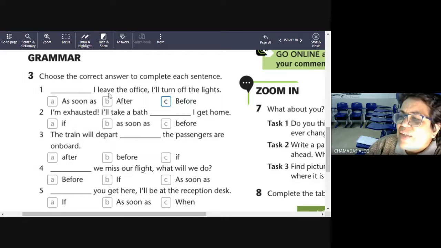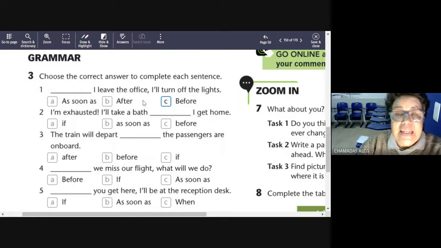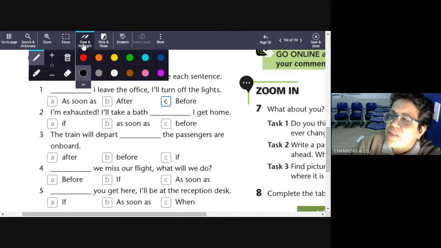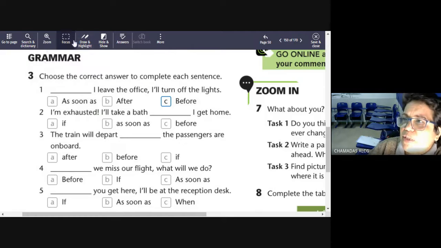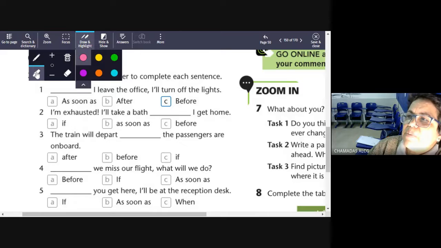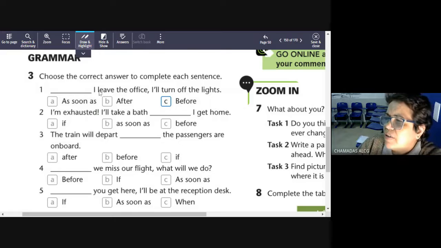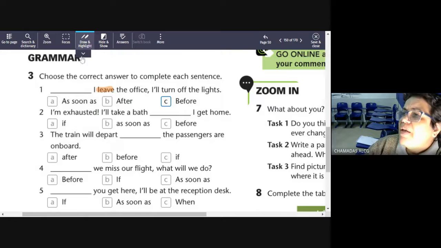So as you can see here, after these words that indicate time, we use the simple present, okay? So this is something important to notice. Let me highlight this for you. Look, simple present, okay? Next one, I'm exhausted.